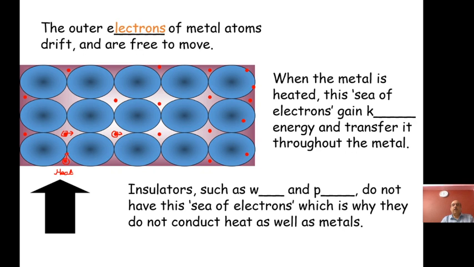The free electrons gain kinetic energy and transfer it through the metal. Whereas insulators, such as wood and plastic, do not have free electrons, which is why they do not conduct heat as well as metals.